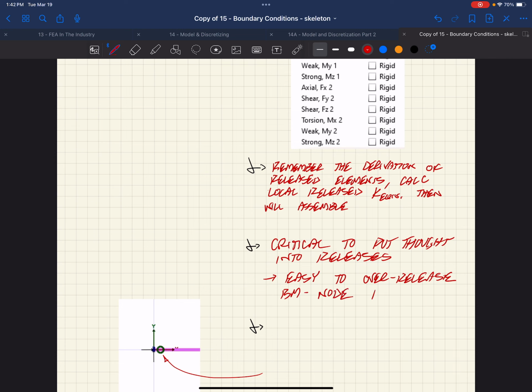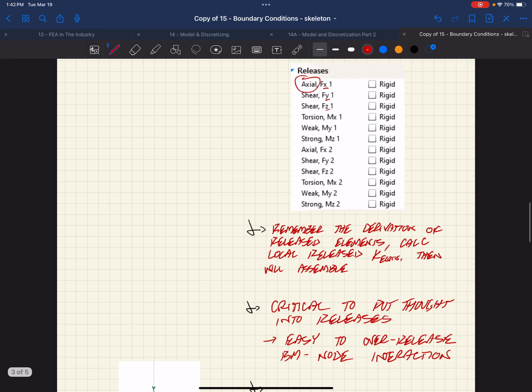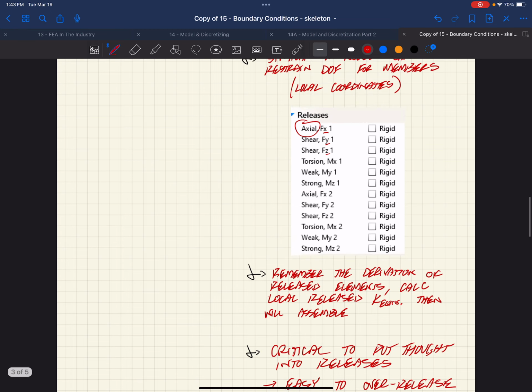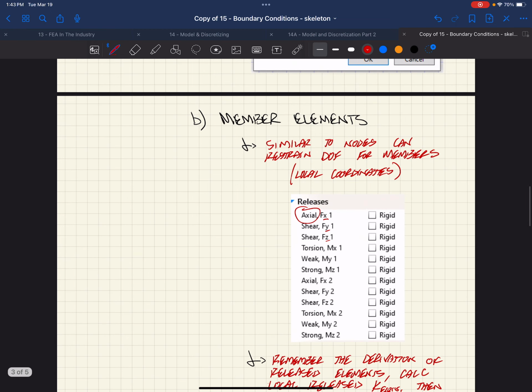Our beam to node interaction. All right, so interaction. And so in here, right, these are the releases for the member itself. That doesn't include the boundary conditions you impose on the nodes that this member end is connected to, right?